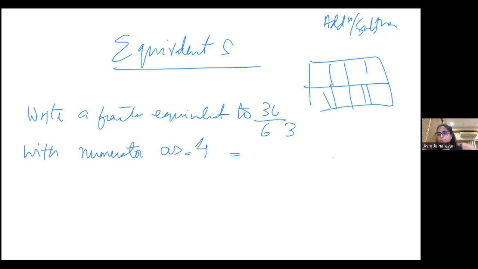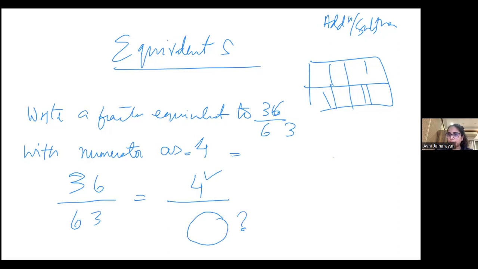All right. How are we going to do? Same strategy. ये अभी तक मैंने आपको डिनोमिनेटर बताया है, ये न्यूमरेटर है, हम ऐसे कैसे करेंगे? This is 36, this is 63. Okay, अभी हमारे नए फ्रैक्शन में हमको ये तो बता दिया यहाँ पर 4 है, ये क्या है we don't know.